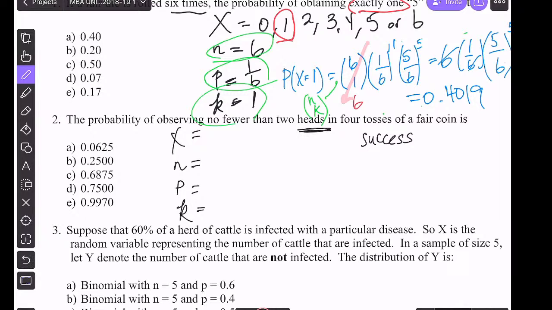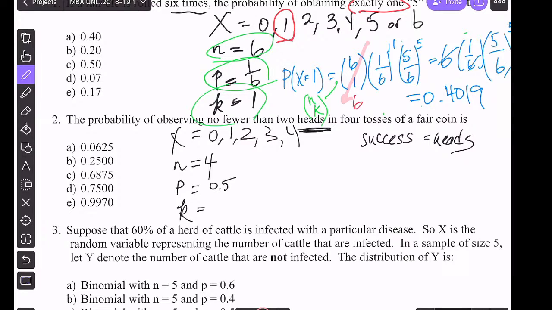Okay? Each time we flip a coin, we're going to flip 4 times, and each time we flip, we look for a head. The chance of seeing a head is always 1/2 or 0.5. And it's possible that we see no heads, 1 head, 2 heads, 3 heads, or 4 heads.